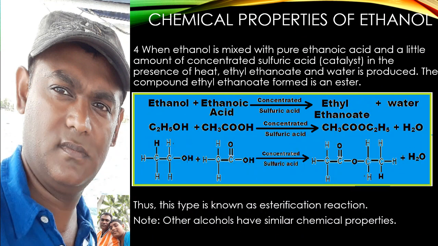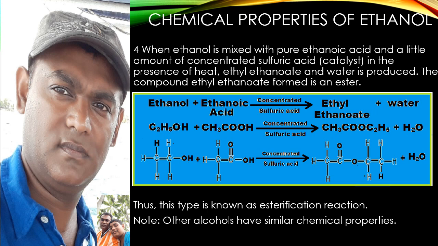Another chemical property of ethanol is that when ethanol is mixed with pure ethanoic acid in the presence of a small amount of concentrated sulfuric acid used as catalyst, in the presence of heat, ethyl ethanoate and water is produced. The compound ethyl ethanoate is an ester. This type of reaction is known as esterification reaction.